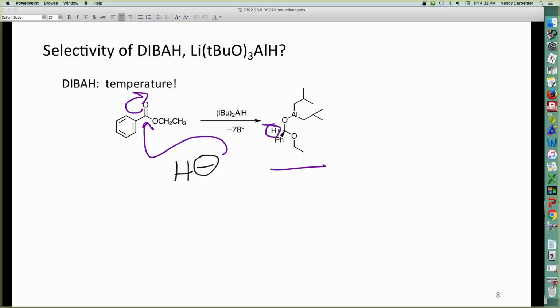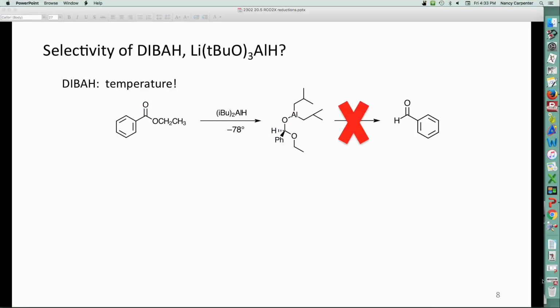Here's the H minus I just added, and the aluminum ends up coordinating to my O minus. So here is that aluminum oxygen bond. So that's the tetrahedral intermediate that I make. And that intermediate is perfectly stable at minus 78 degrees.